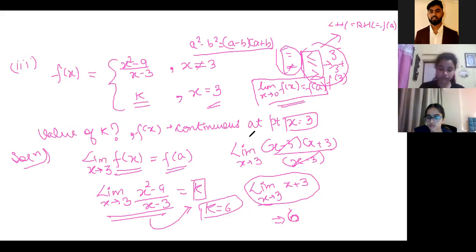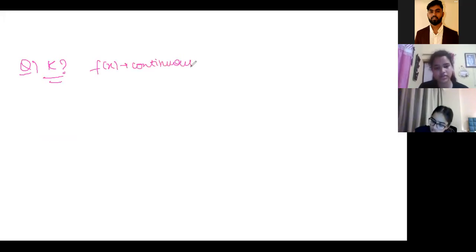Right? Now I'm giving you all a question and 3 minutes time. You try that out, and I'm damn sure you will figure it out. The question is to find the value of constant k, so that the function f(x) is continuous at the point x equals minus 1.